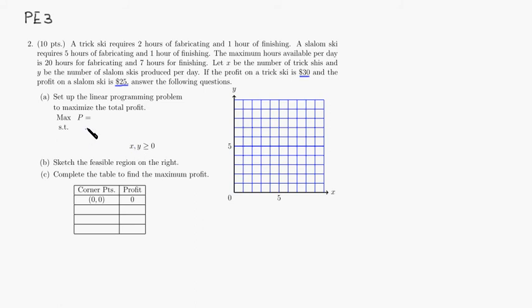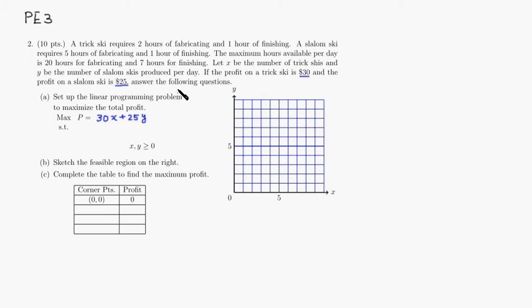So the profit is going to be 30 times x, where x is the number of trick skis, combined with 25 times y, where y is the number of slalom skis. That will give you the total profit.